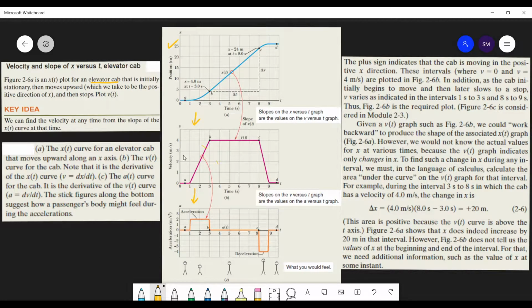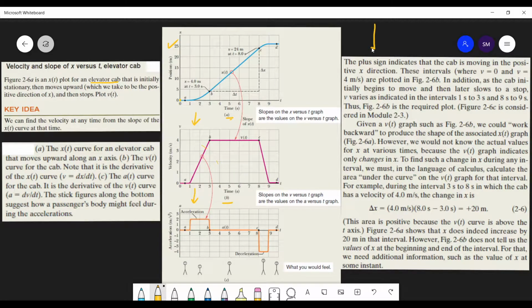Let us see how I have drawn them. This is figure A, this is figure B, and this is figure C. This graph is the position-time graph. At time t equals 0, the position was also 0.